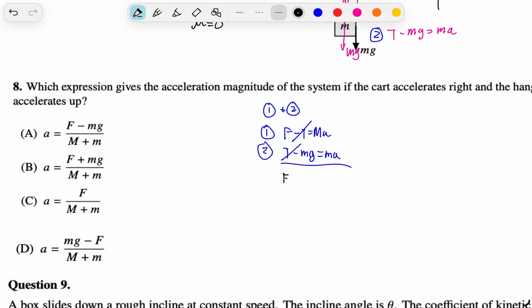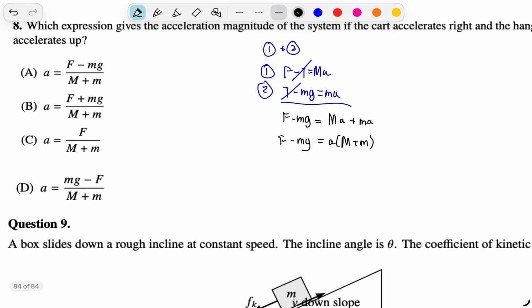You get F minus mg is equal to Ma plus ma, where you can factor out acceleration and get M plus m. Dividing both sides by M plus m, acceleration is equal to F minus mg over M plus m, which is option A.